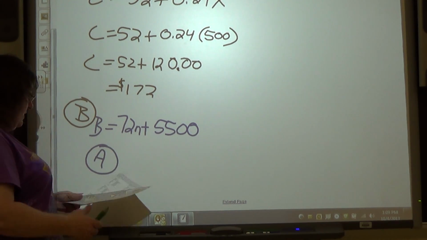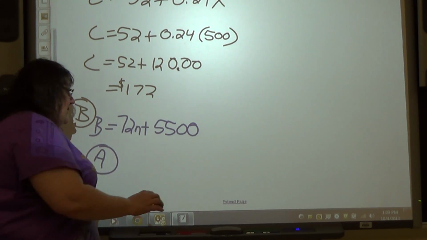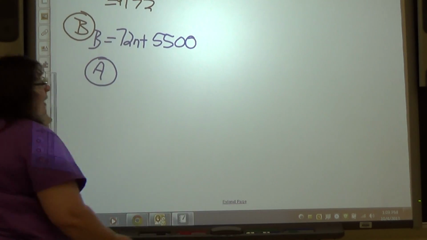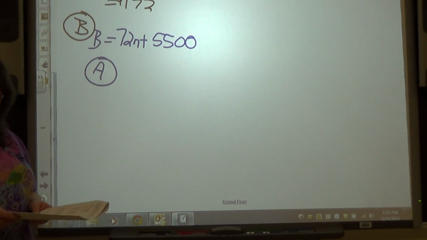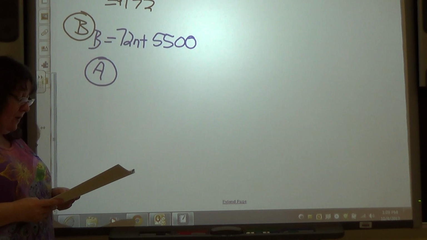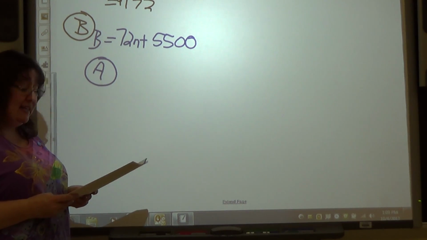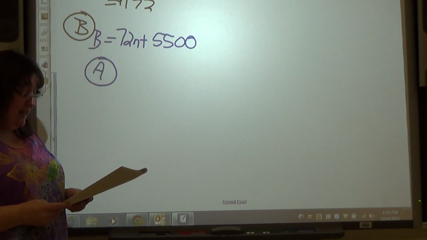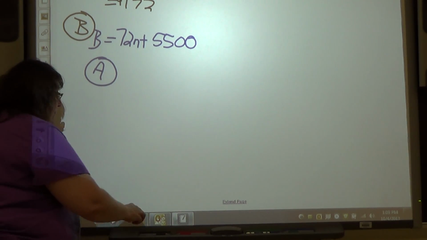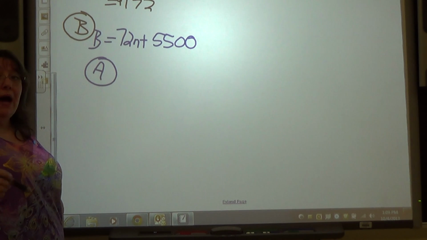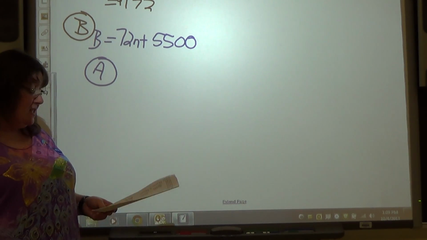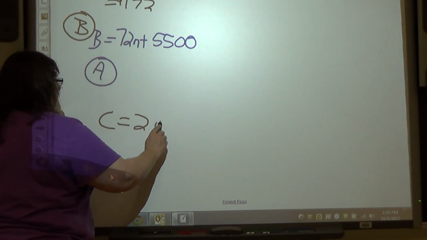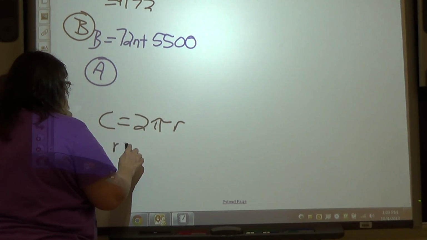Okay? So there's that. Now, the next thing. Some people had questions on this, and I hope that you understand what it was asking. The formula for the circumference of a circle is C equals 2 pi r. Determine the circumference when the radius r is 11 feet. Okay? It doesn't give you pi as 3.14. It just gives you that formula. So you're given C equals 2 pi r, and your r is 11.